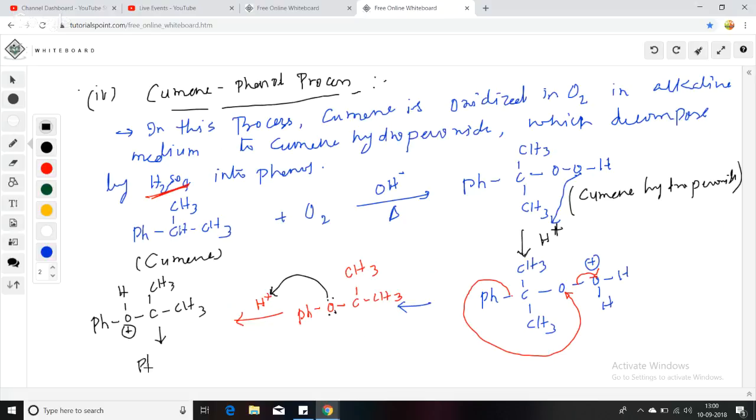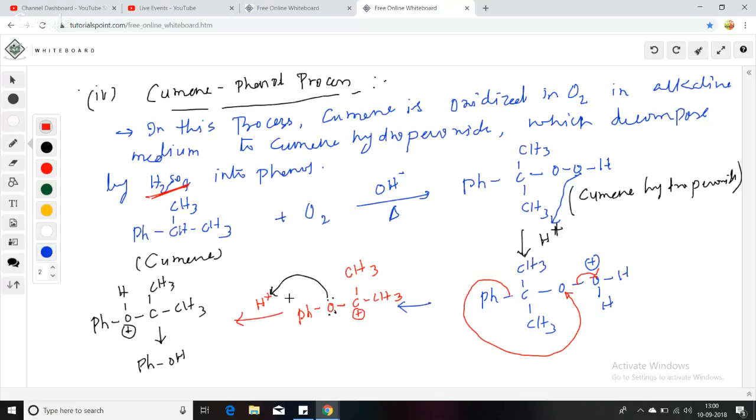We'll get PhOH, which is phenol. One thing I have missed here, sorry: when this bond pair is taken up by this oxygen, you must have a positive charge here that I missed. We must have a positive charge on this.